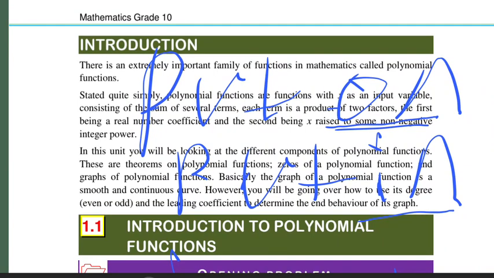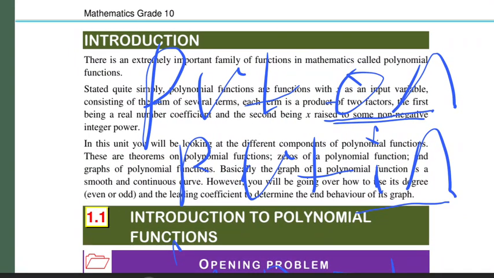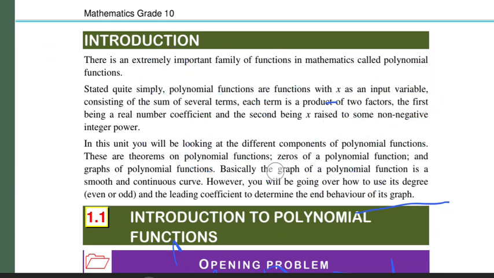Extremely important families of functions in mathematics include the polynomial function, which is very important.